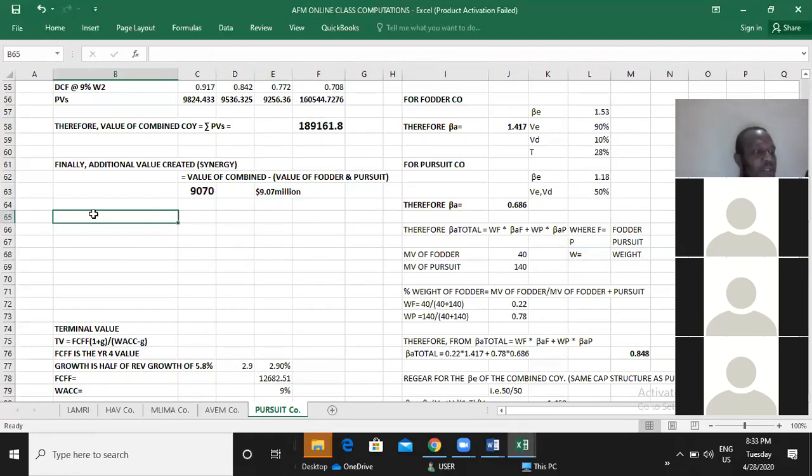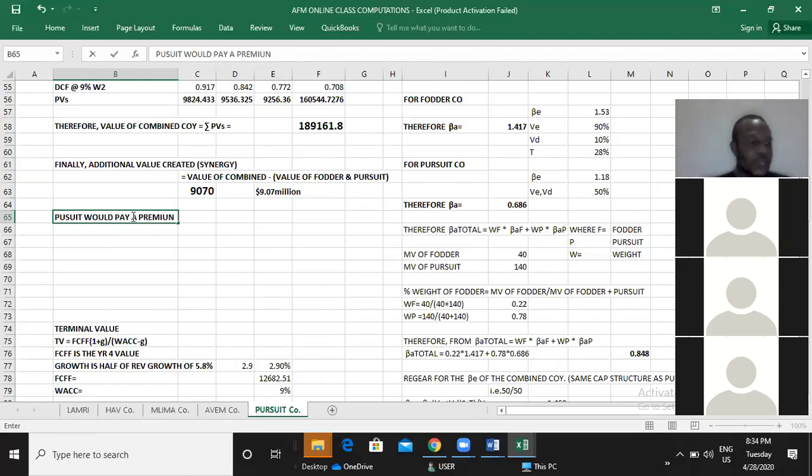No, they said whether the acquisition will be beneficial to Pursuit Co. Now, Pursuit would pay a premium.